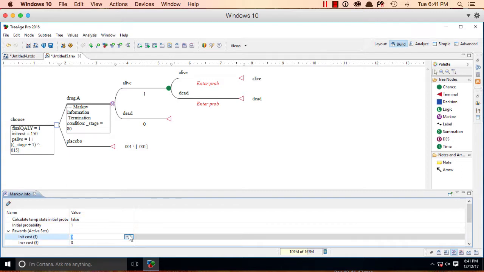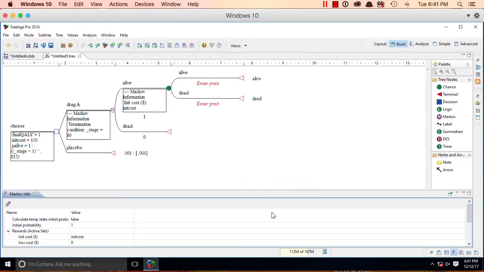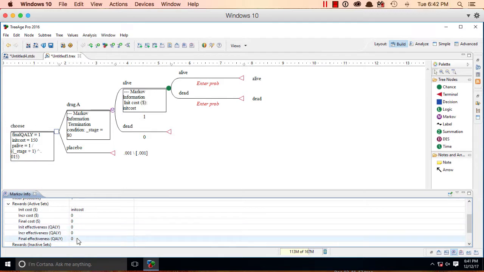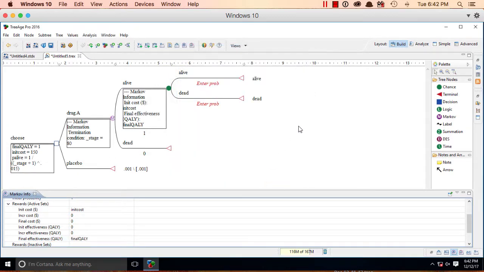So each year it goes through the cycle, each year of the model or each year it follows the cohort, there's going to be less and less probability alive, more and more probability dead. You put the Markov information for that alive state there, so initial cost, set that equal to the variable initial cost, which we said was 150, and then final effectiveness, we called that final quality, which we defined to be 1.